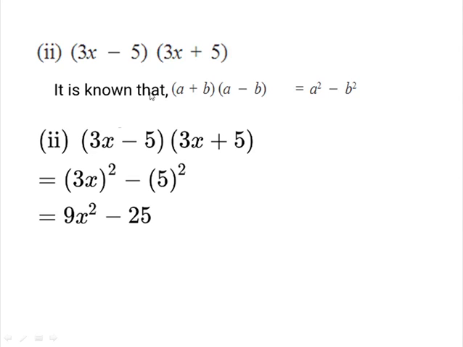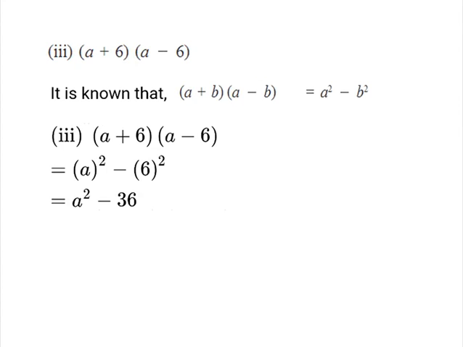Now using this formula, we will expand the given binomials (3x minus 5)(3x plus 5). That is a square, that is (3x) whole square minus 5 square. (3x) whole square is 3 square x square. 3 square is 9, x square, minus 5 square is 25. Hence, the answer is 9x square minus 25.